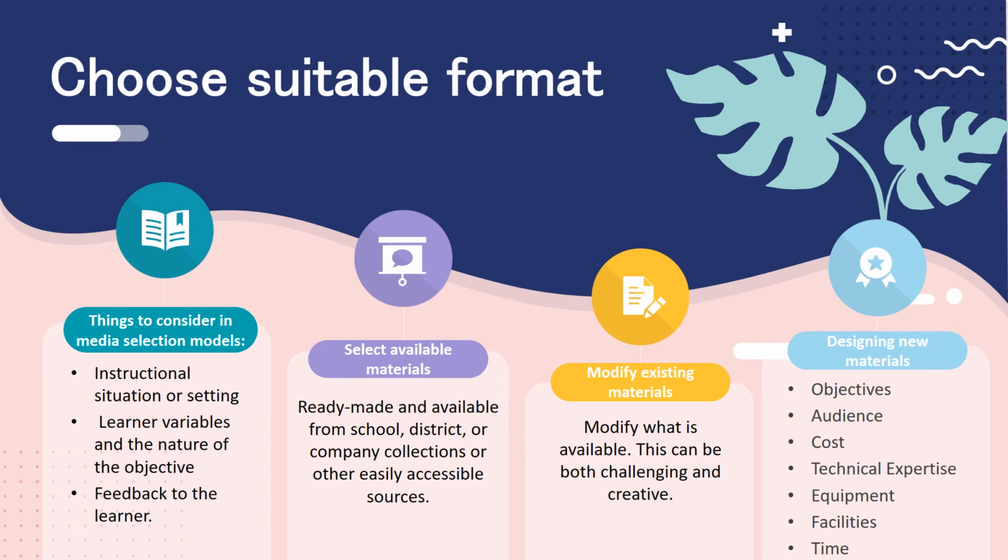Once you have decided what media format suits your objectives, the next thing that you should consider is finding specific material to convey the lesson. Selecting available materials. The majority of instructional materials used by teachers and trainers are off the shelf, that is, ready made and available from school, district, or company collections or other easily accessible sources.